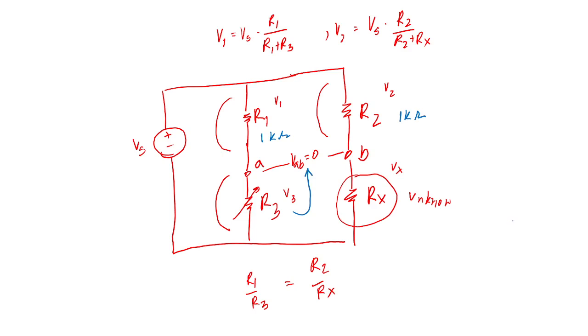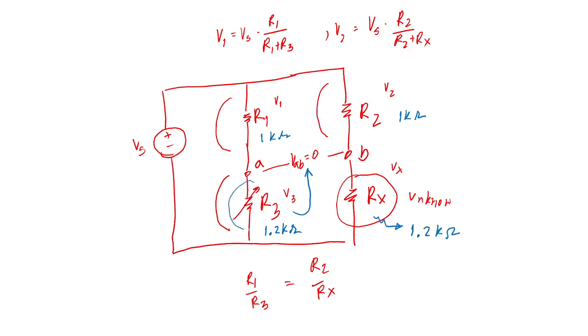If I vary R3 until VAB is 0, and R3 is 1.2k ohm, what is Rx? Rx will be 1.2k ohm. You understand that?